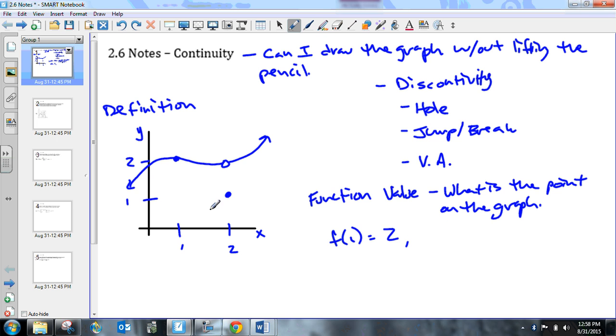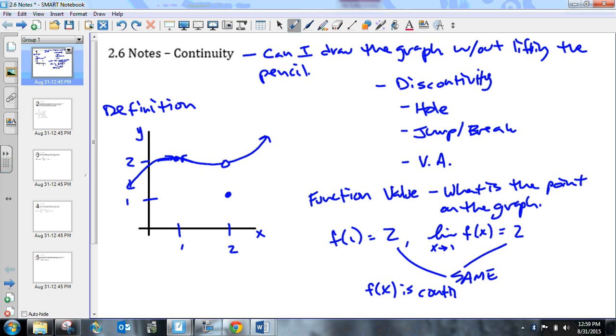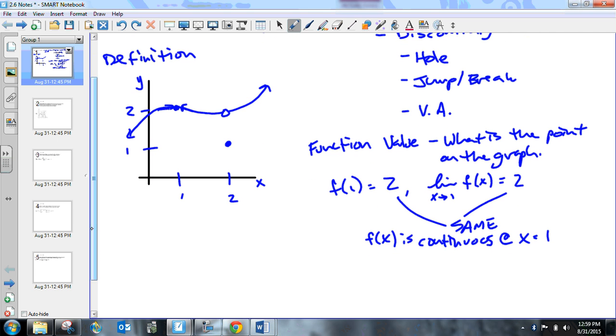Now let's also take the limit as x approaches 1 of f of x. As I approach from the left and from the right, we actually get 2. Because these are the same, my function f of x is continuous at x equals 1.